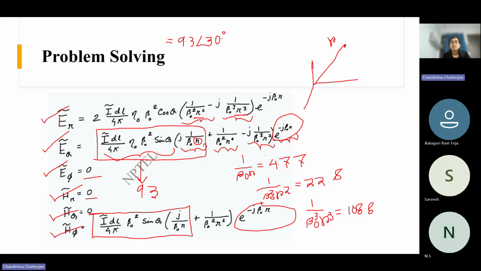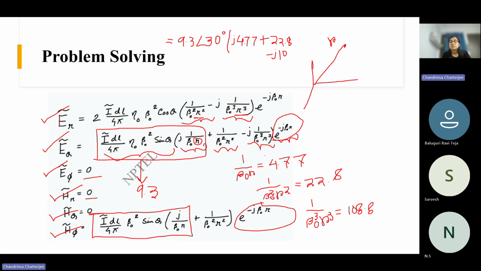Then here we have j 4.77 plus 22.8 minus j 108.8.